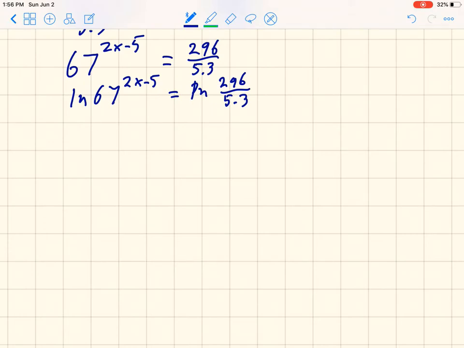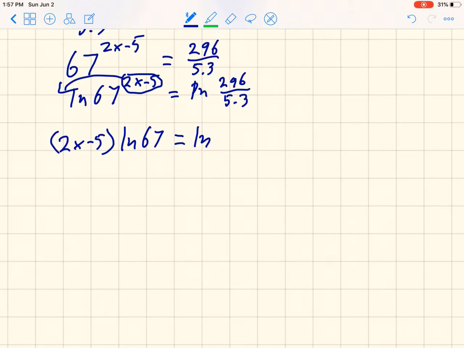Okay, now we can bring the exponent out front using the power rule for logarithms. 2x minus 5 times the natural log of 67 equals the natural log of 296 over 5.3 still.